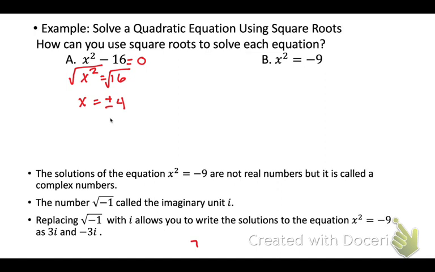X squared minus 9. You'd add the 9 over. Oh, wait, no, you wouldn't. You'd just take the square root, wouldn't you? Okay, and we'd have x equals the square root of negative 9. And we cannot do that at this time.